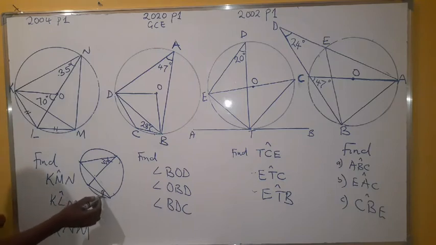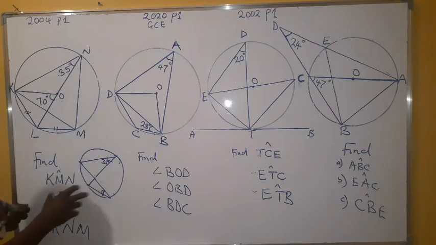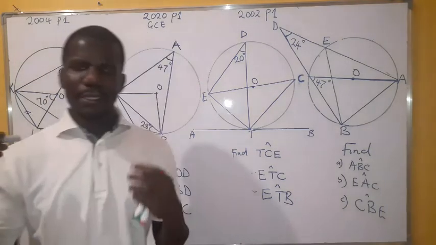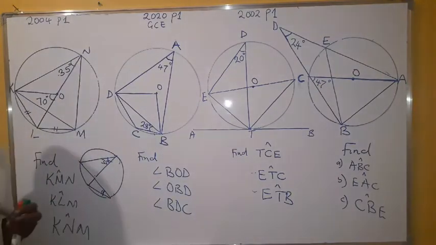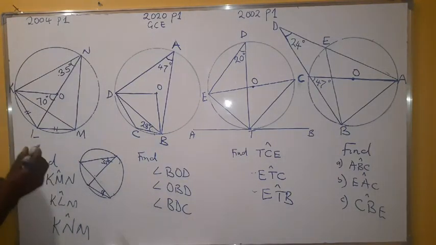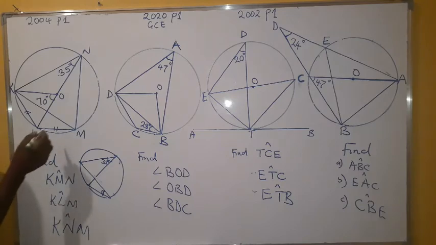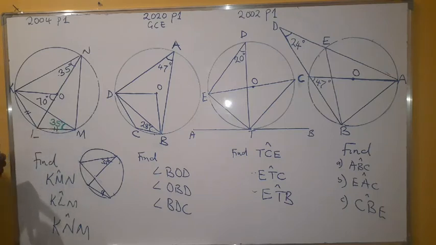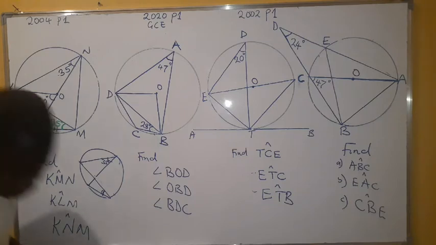This angle is also going to be 35. These are angles, what did we say? Angles in the same segment. Angles in the same segment, we said they are equal. That was our second or third theorem that we looked at. So which other angle is 35? This angle is 35 here. Please, this angle is 35. Okay? Are we there? We proceed.